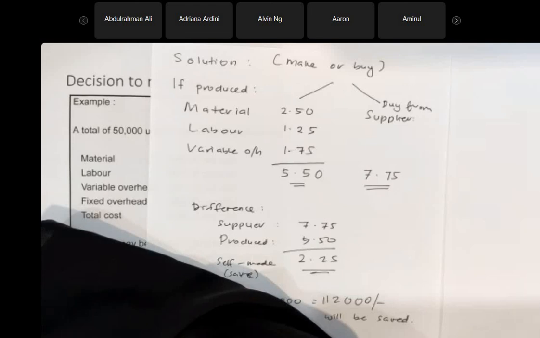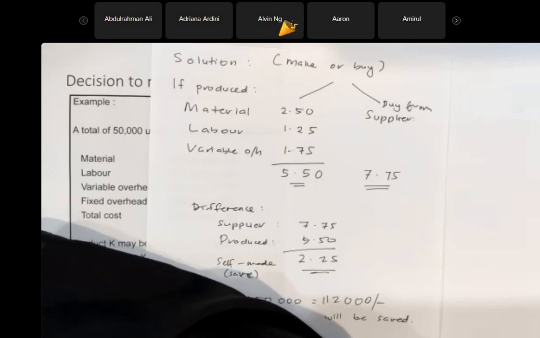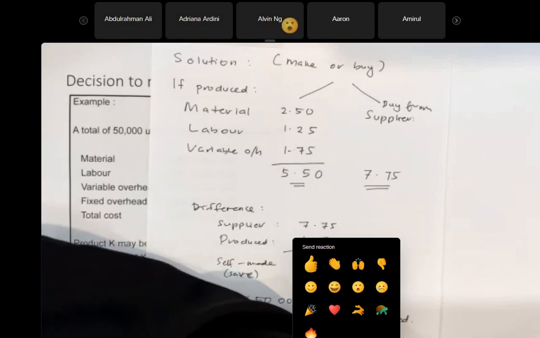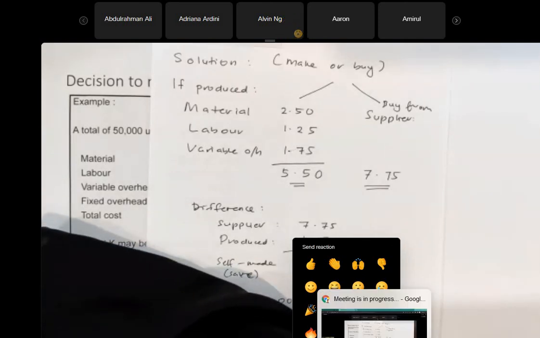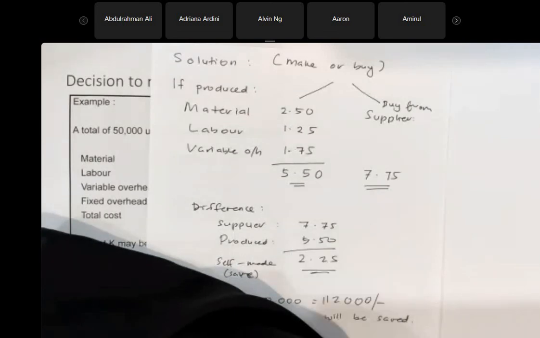Okey, senyap sangatlah kelas. Macam meriah sikit. Okey, I nak tengok berapa orang sebenarnya kita ni. 39. Actually, engineering economy, we have 52 or 53. One class is 53. The other one is 52. But now you have 39. What happened to the rest?